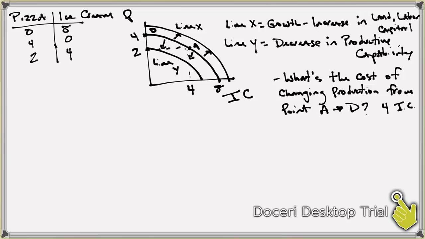Last thing with production possibility graphs is, and I am going to fast forward to a new sheet here, we're going to put down constant versus increasing costs.